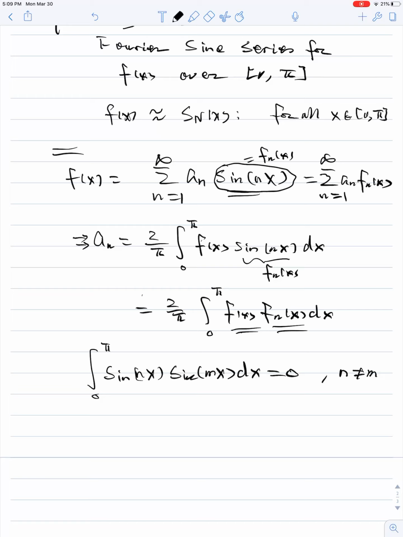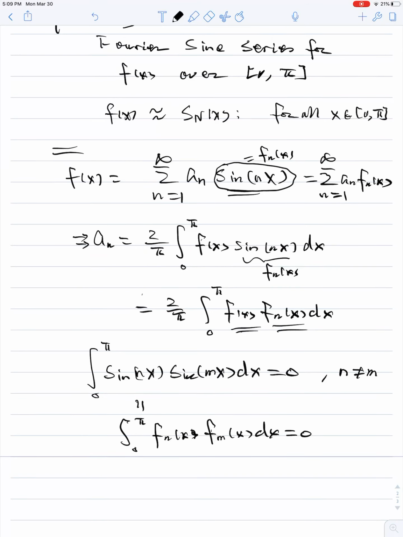So if we use this notation, the integral of fn(x) fm(x) dx is 0 when n is not m.